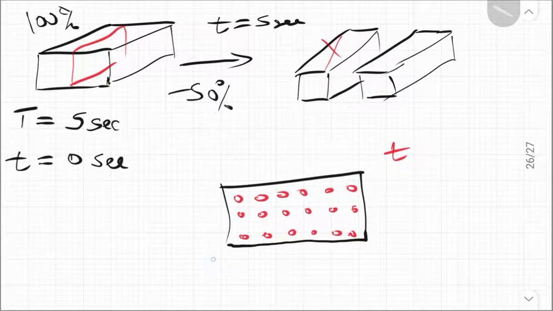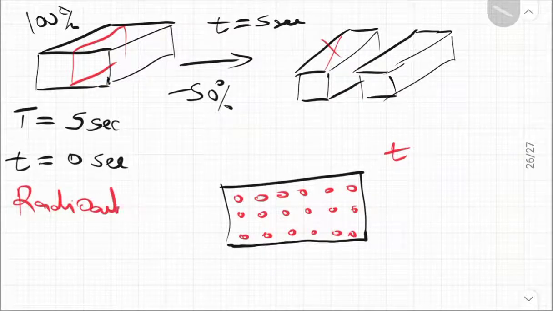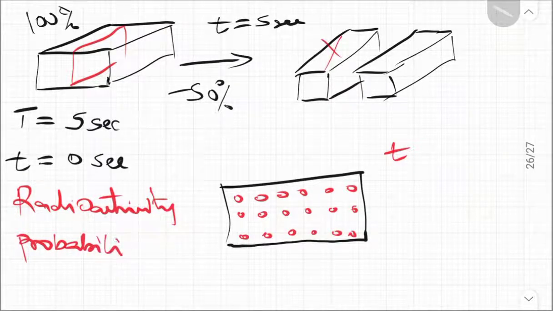But what we don't know is which of these atoms will decay at a particular instant of time. So we can't tell that this will decay now, this is going to decay now, this is going to decay now. That is not possible, because all these atoms have equal chances of decaying. So what I want to drive home here is that the process of radioactivity deals with probability, or it's probabilistic in nature, right?